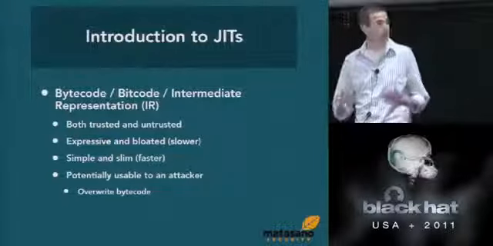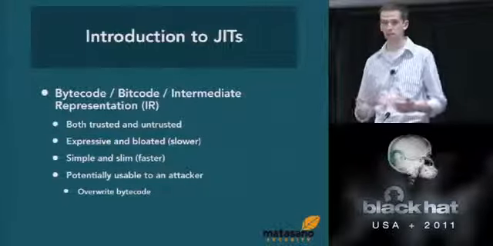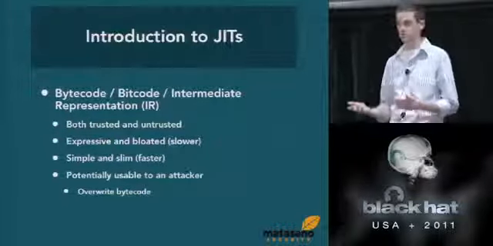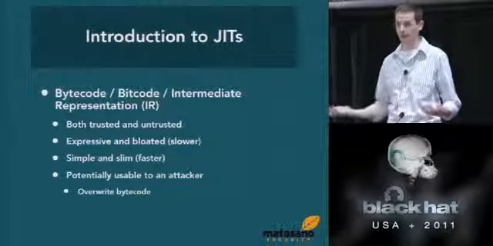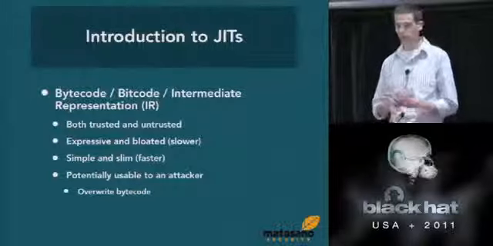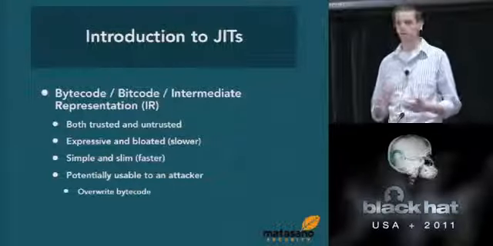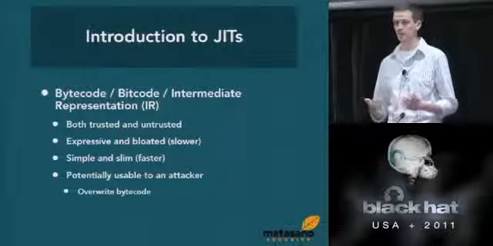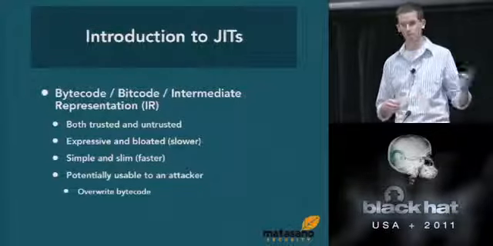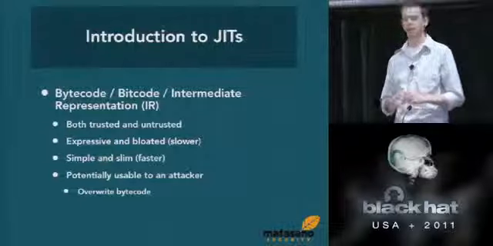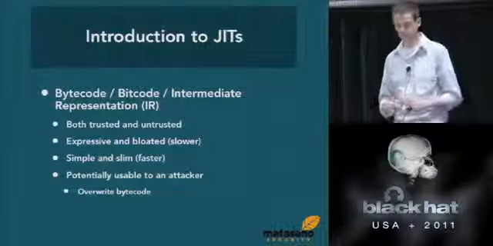The bytecode can either be really expressive and bloated and kind of slow, like in the case of SpiderMonkey. It was written at a time when putting a JIT engine in a browser really wasn't on anybody's mind. Or the bytecode can be really simple instructions that are closer to machine-level instructions. They don't have as much type information. And we also see this in another bytecode format found within Firefox that we'll go into in a few minutes.